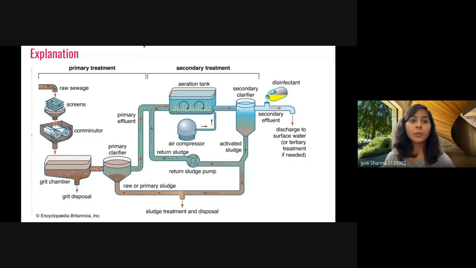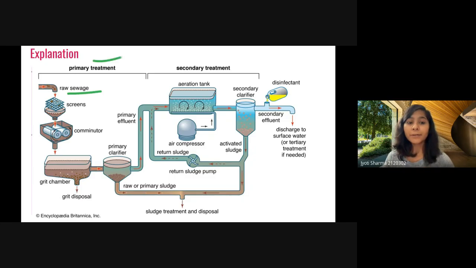So I want to recall something that we started with the primary treatment, right? We had polluted water that has been emitted either from industries, or let's say agriculture, or even from households. So in case we do have polluted water and we need to clear that water, then we do have four steps to clear the water.